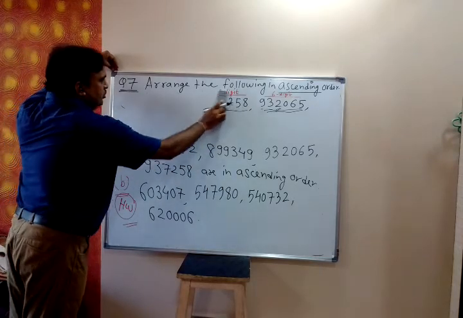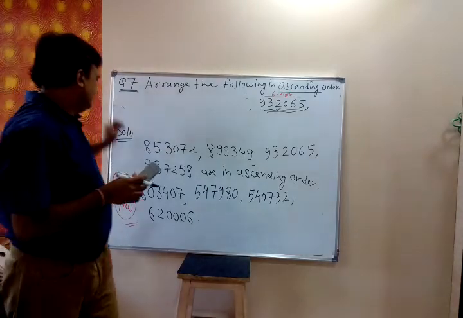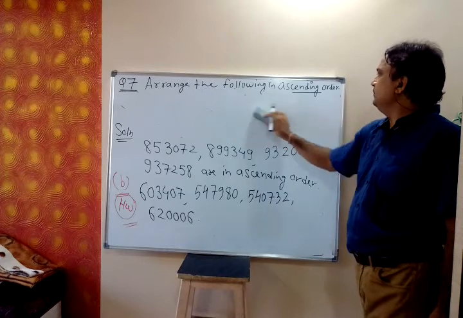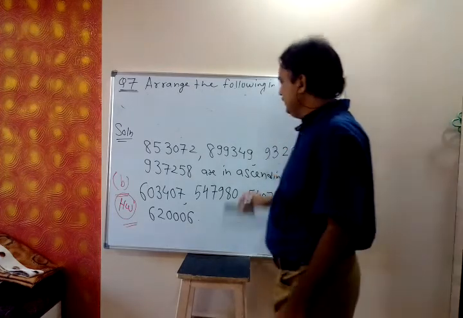A I have done. Only two problems are there, A and B. So A I have done, then B I am giving as homework. Now there is no C.